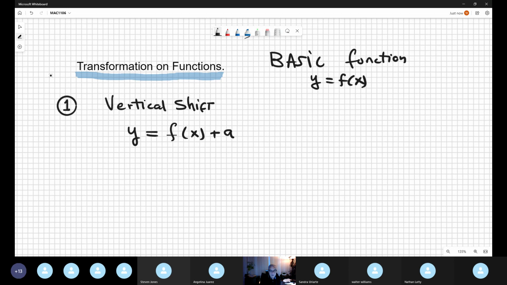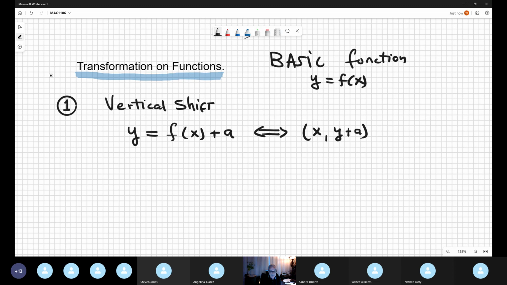Okay, this is equivalent to don't touch the x. However, the y you are adding plus something. This is typical vertical motion. So you don't move to the right or to the left. You move upward or downward.